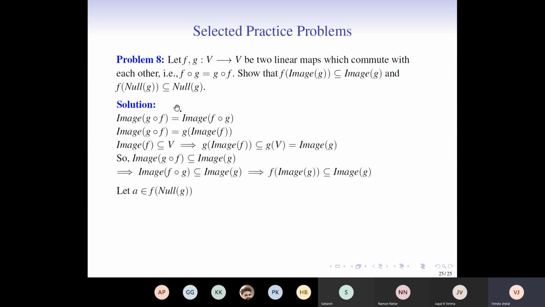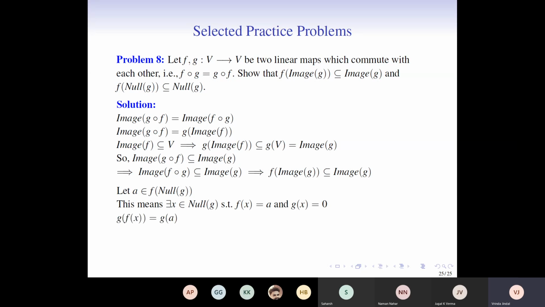Now what is the next part? The next part is f of null space of g is a subset of null space of g. So let A be any vector that belongs to f of null space of g. What does this mean? This means that there exists some x belonging to null space of g such that f of x is A, and g of x is 0 because x belongs to the null space of g.